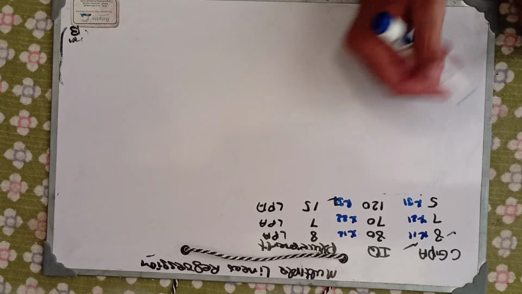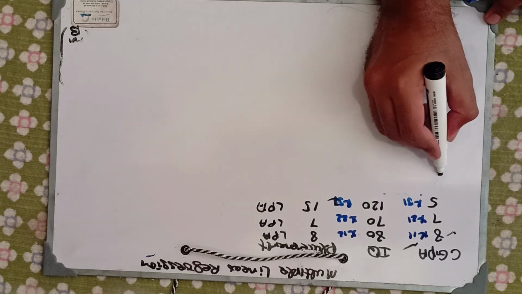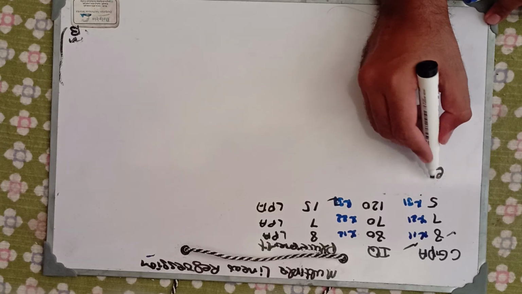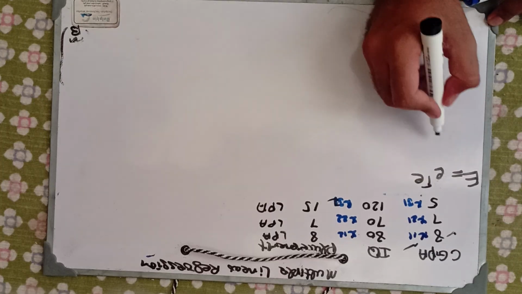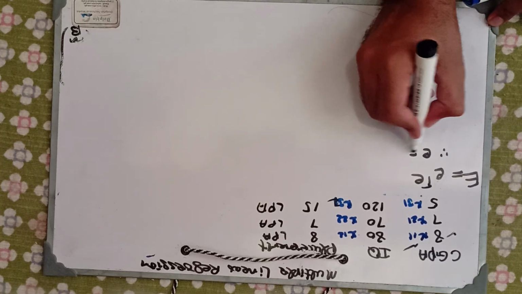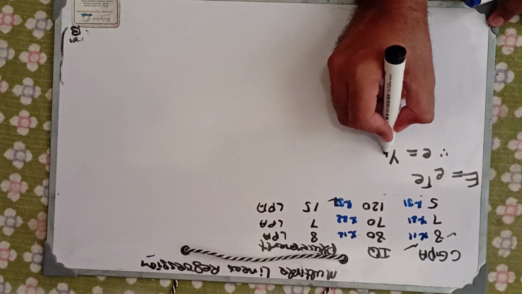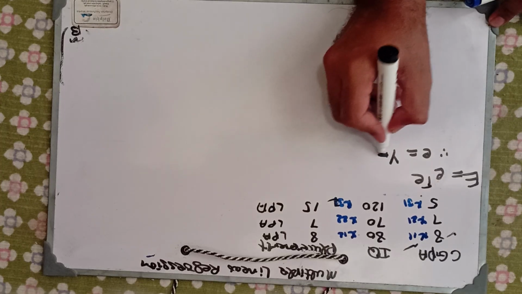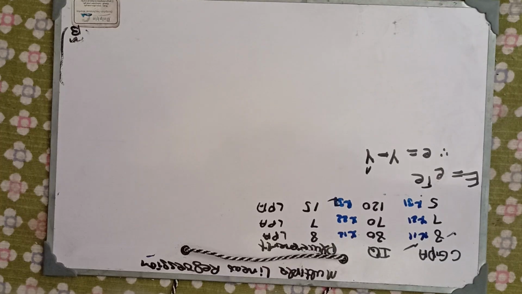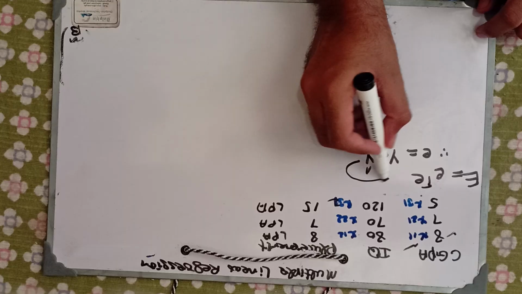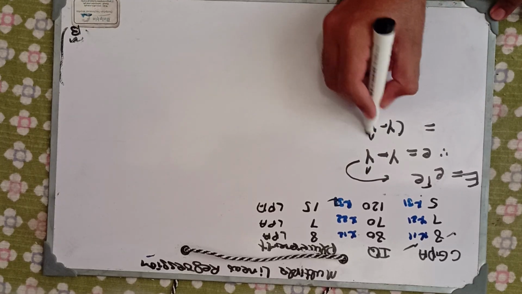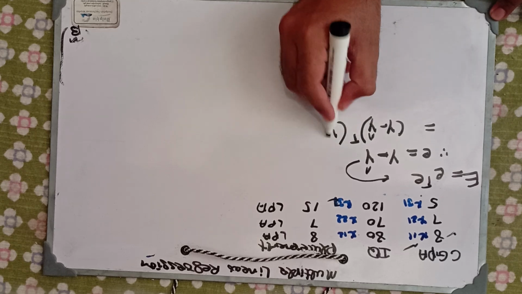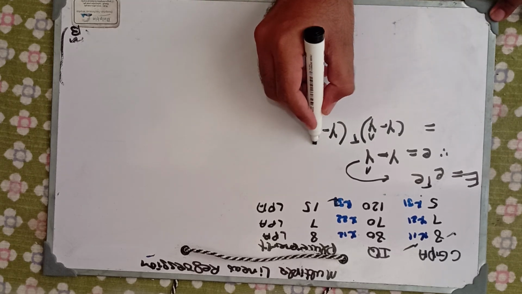We have right now E transpose E equals E, and E is nothing but y minus y hat, right? So if I put this value into this equation, what will happen? It will be (y minus y hat) transpose into (y minus y hat), right?